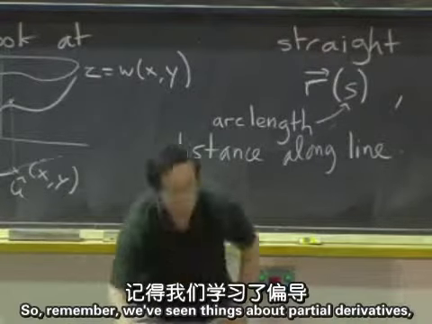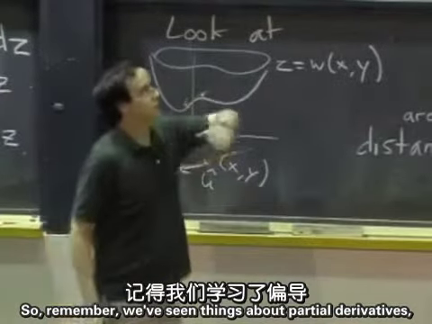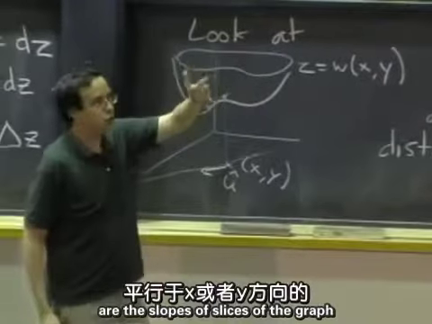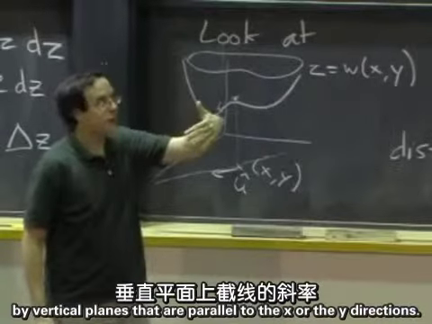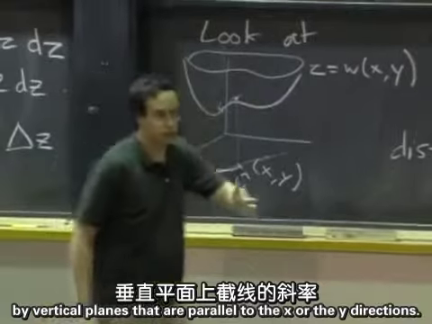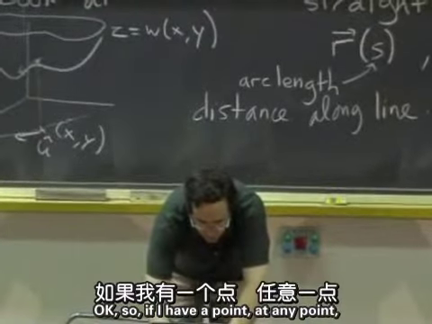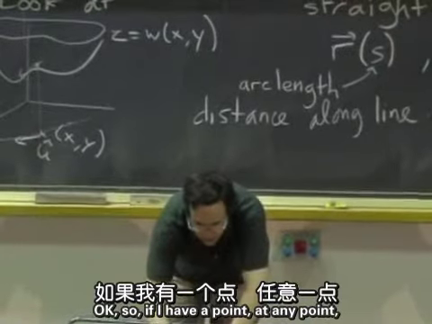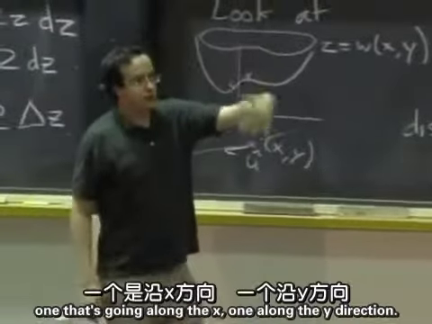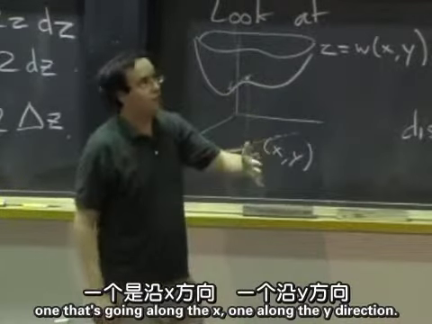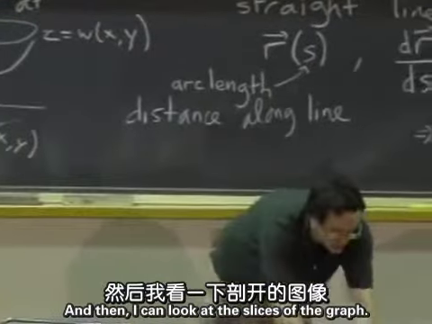So remember, we've seen things about partial derivatives, and we've seen that the partial derivatives are the slopes of slices of the graph by vertical planes that are parallel to the x or the y directions. So if I have a point, at any point I can slice the graph of my function by two planes, one going along the x, one along the y direction, and then I can look at the slices of the graph.